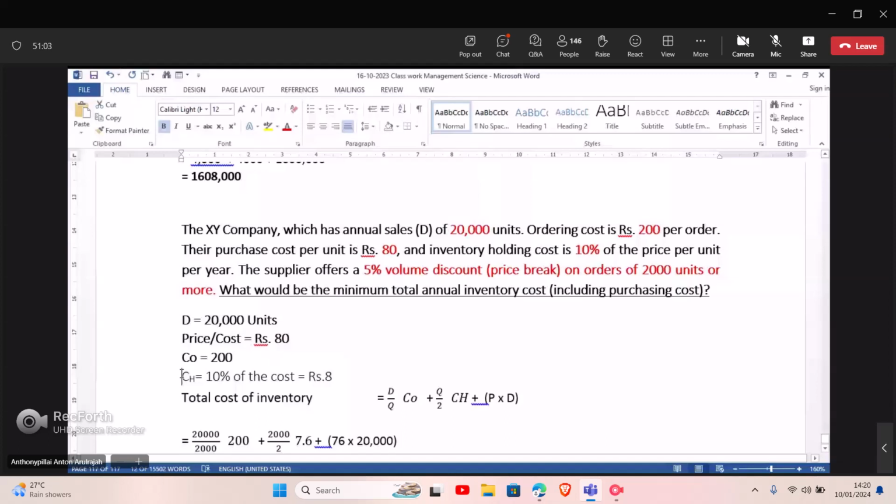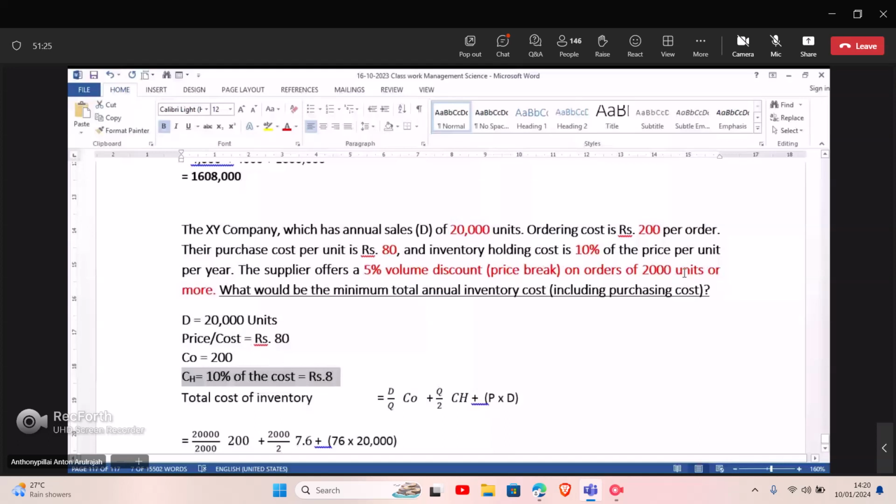Now you see that the supplier offers a 5% volume discount on purchases of 2,000 units.